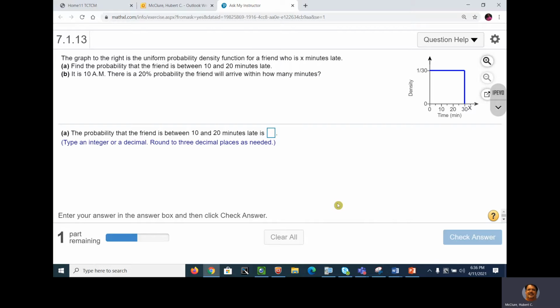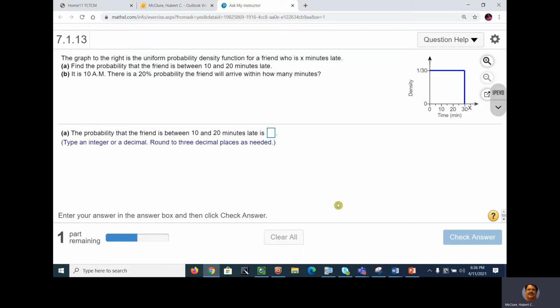15 in the middle, 20, 25, 5, and 10. And A says, what is the probability that the friend is between 10 and 20 minutes late?